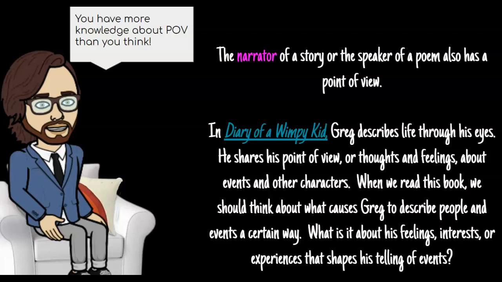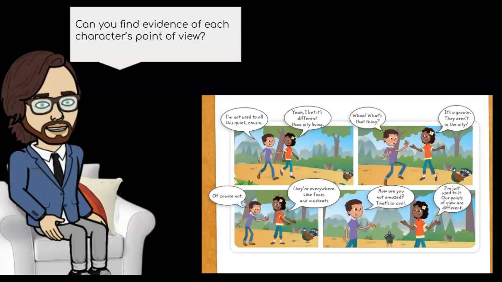When you read this book, you think about what causes Greg to describe people in certain ways and what he's feeling and thinking. What is it about his feelings or interests or experiences that shapes the telling of events? So we think about this as a reader. What is it about Greg and what he is like that makes him look at things from his perspective?